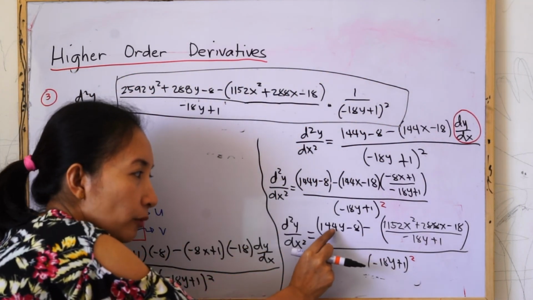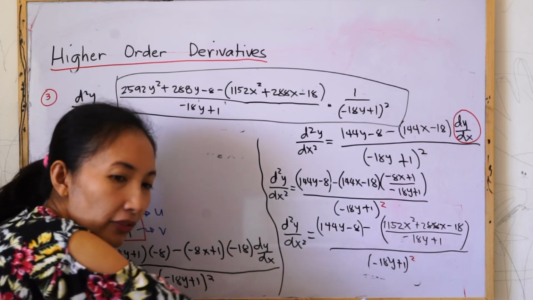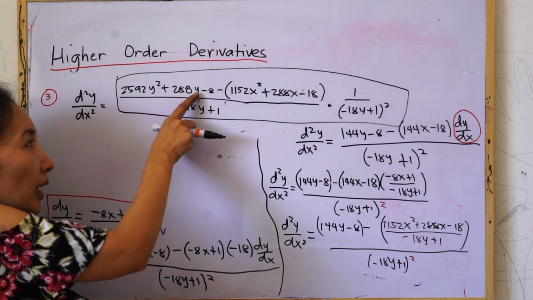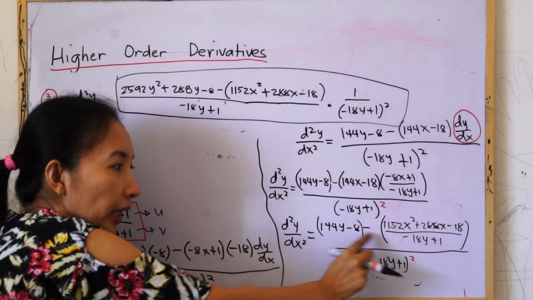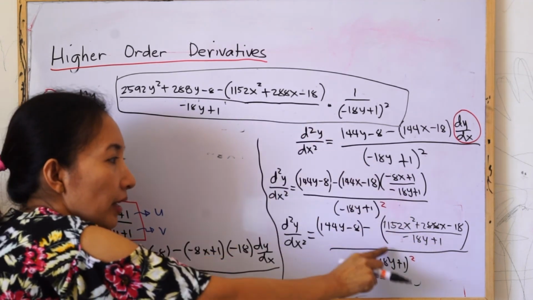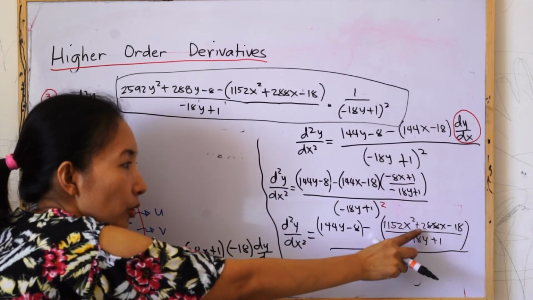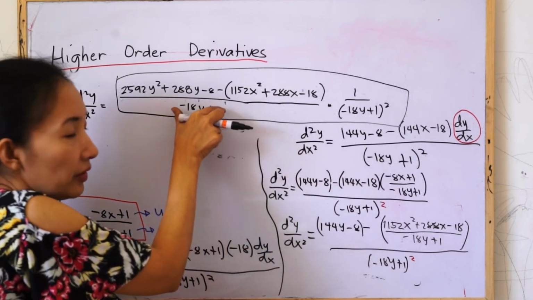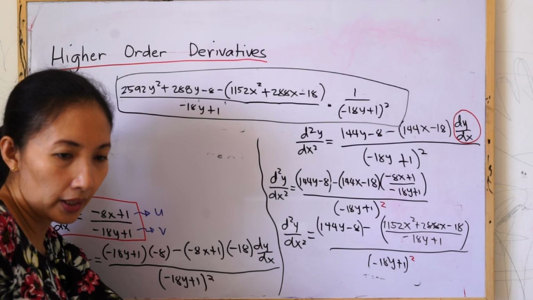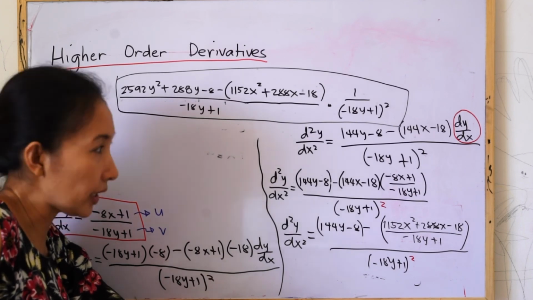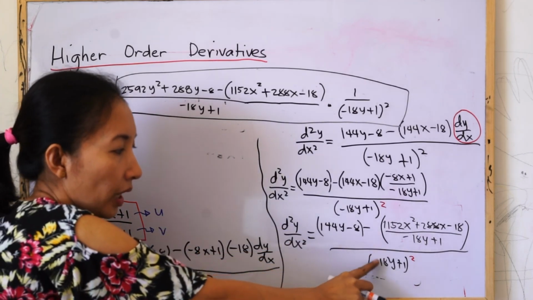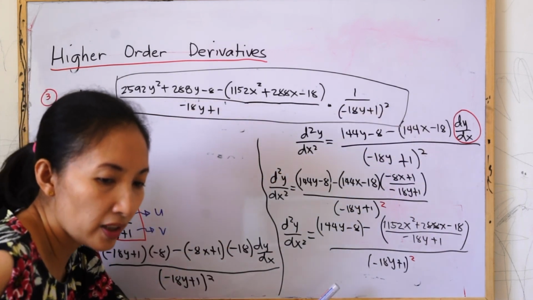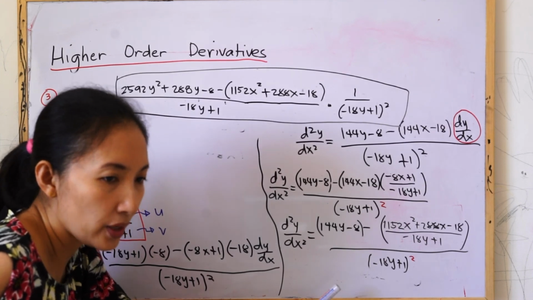Multiplying 144y minus 8 by negative 18y plus 1, you get 2592y squared plus 288y minus 8, minus the whole of 1152x squared plus 288x minus 18, all over the denominator negative 18y plus 1 to the second power, or get its reciprocal and proceed to multiplication.